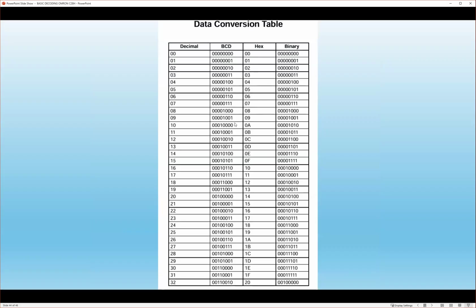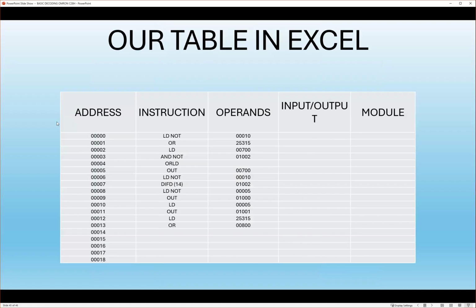Here's our data conversion table for our hex, binary and decimal. And this is the table we'll be using. It's a little more colorful in my Excel file, but we'll start at 0. This is actually a running program in the current one that I'm looking at.